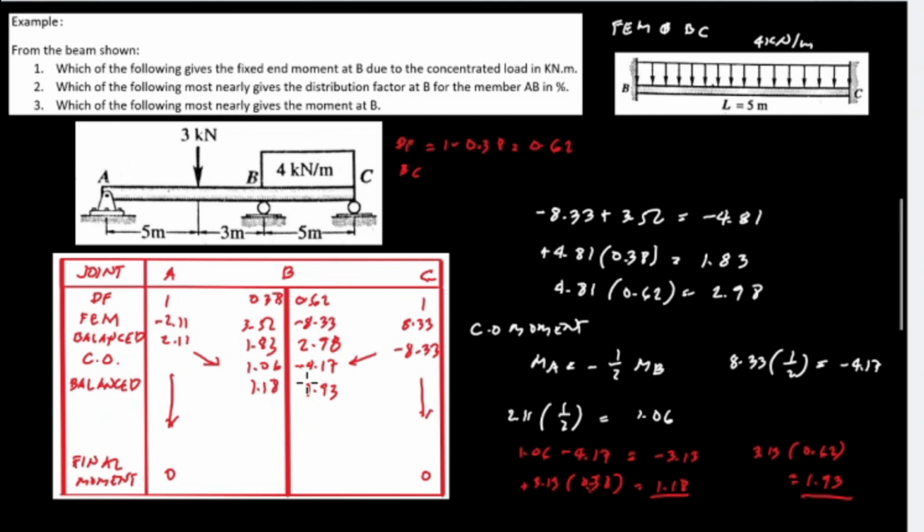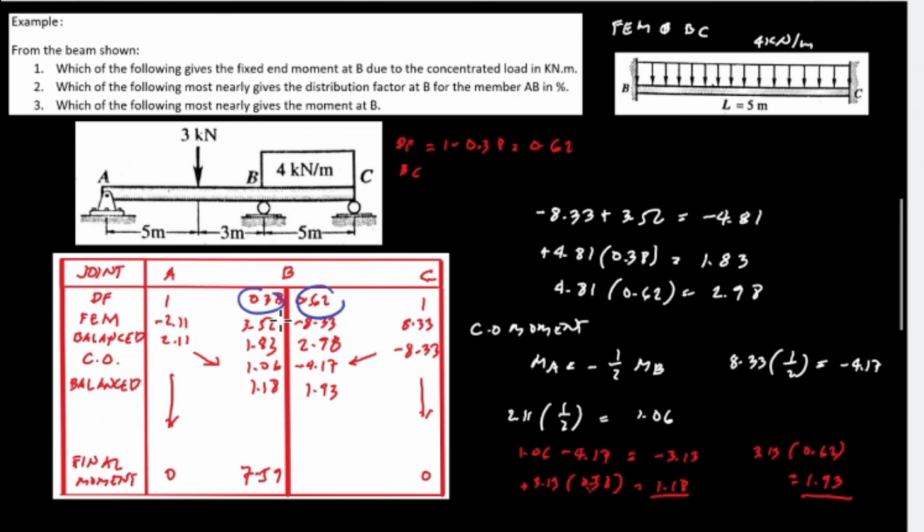And that's the final moment at BA. So let's check. 3.52 plus 1.83 plus 1.06 plus 1.18. And that value is positive 7.59. We will not add the value 0.38 and 0.62 because that's the distribution factor.